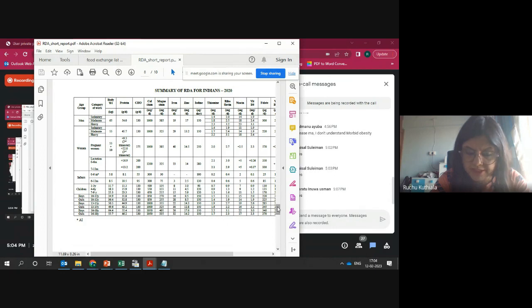Somebody was trying to say something to me. Sorry, I couldn't hear. Okay, fine. So I would be sharing this with Joshi sir on WhatsApp and he would be able to share with all of you. You can use this in order to check the requirements, especially in terms of the micro as well as the macronutrients, what is required.